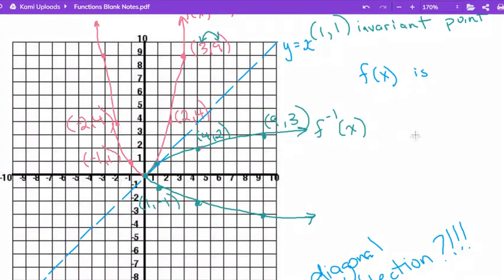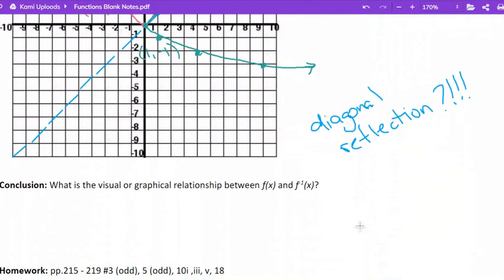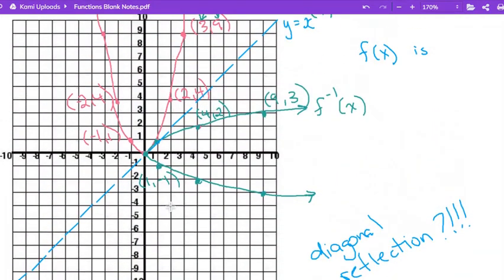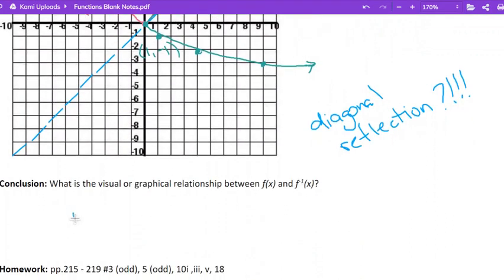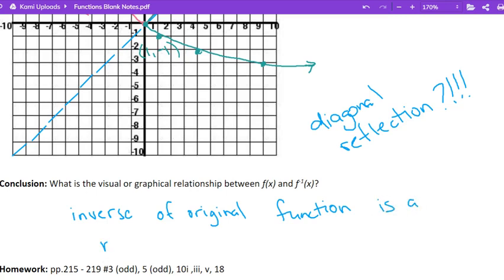Okay, so what I can say is that the inverse of f of x, the inverse of the original function, is a reflection on y equals x.